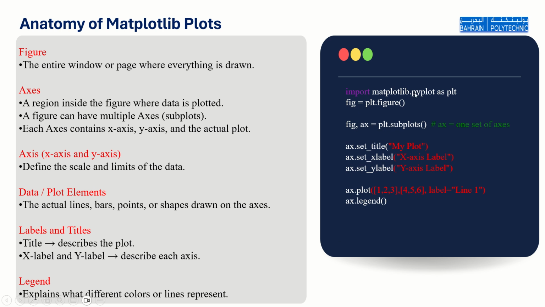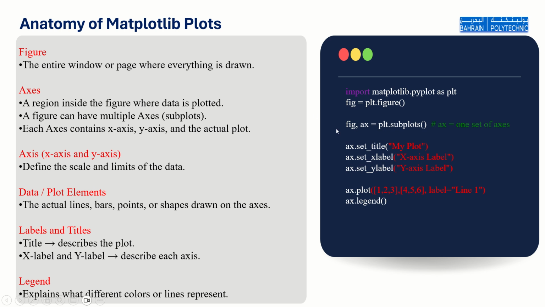When you look at it, you will have import matplotlib.pyplot as plt. matplotlib.pyplot is the package which is used, and it is renamed as plt. Whenever we use matplotlib.pyplot, we will call it plt. So plt.figure gives you a figure, then you will have axes, one set of axes, which are like the subplots.